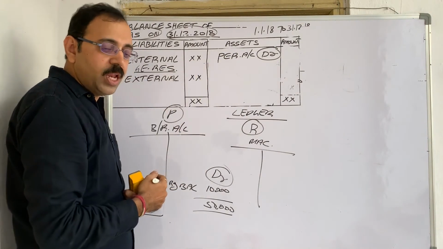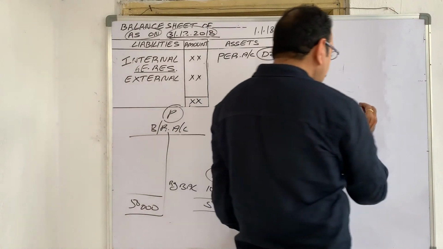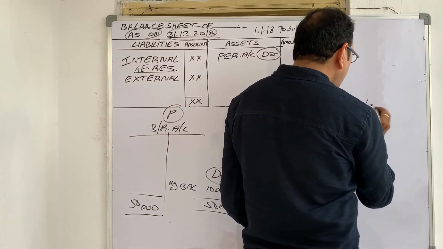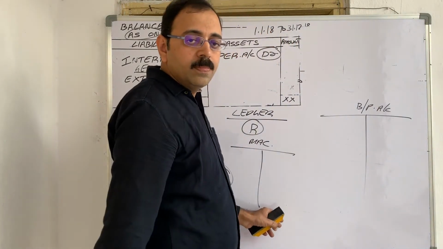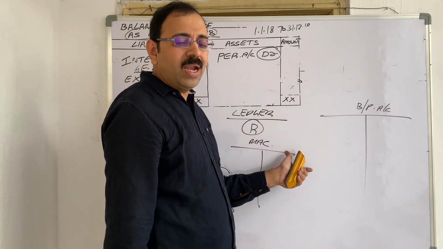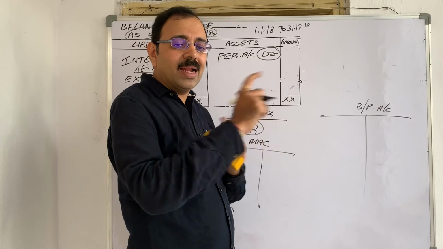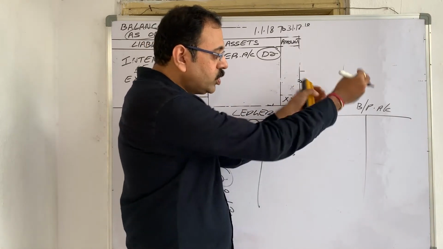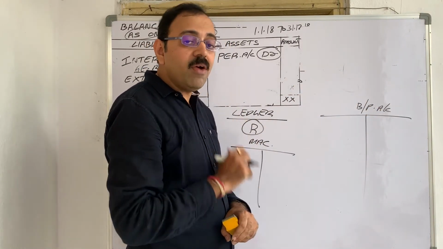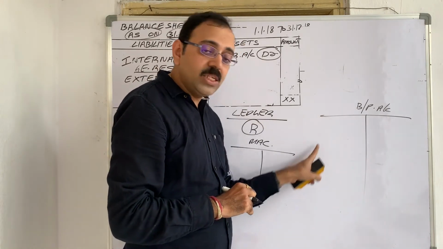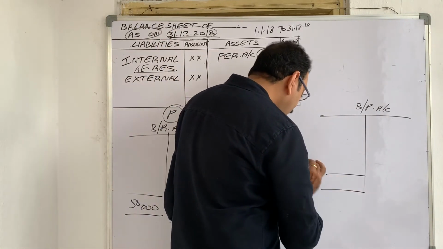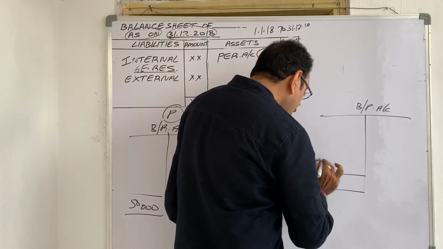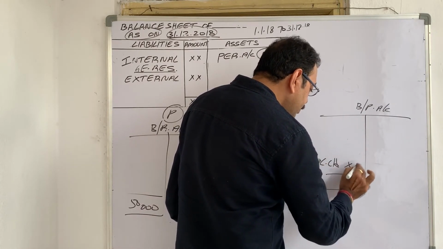Take another personal account, for example, bills payable account. Throughout the year, whatever bills payable related transactions take place, we post in this account. At the end of the year, we have to balance this account. How do we balance? By writing balance carried down. Where does it come?